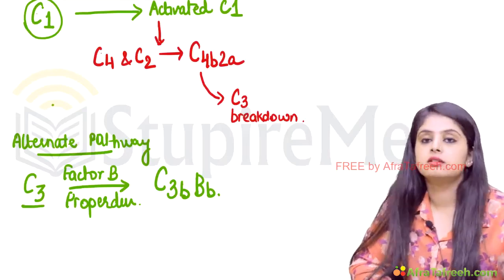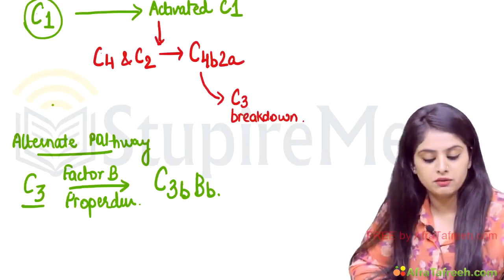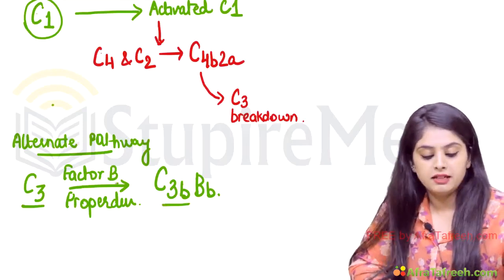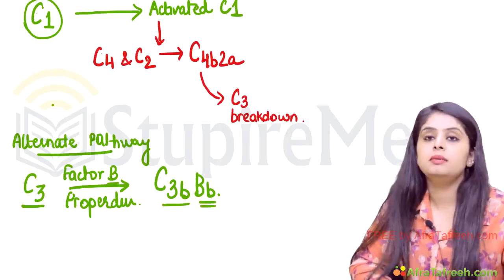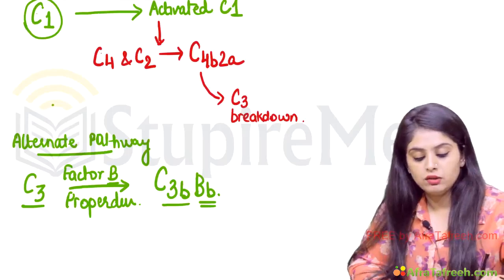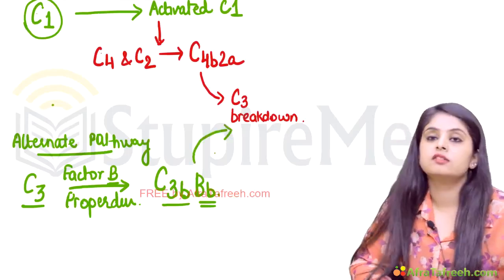So C3 can be C3a, C3b, it is forming C3b, and factor B can form Bb. This also is going to then later on cause C3 breakdown.